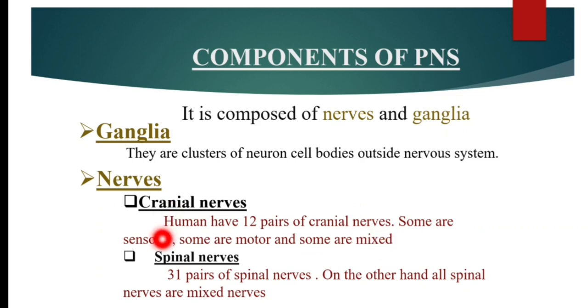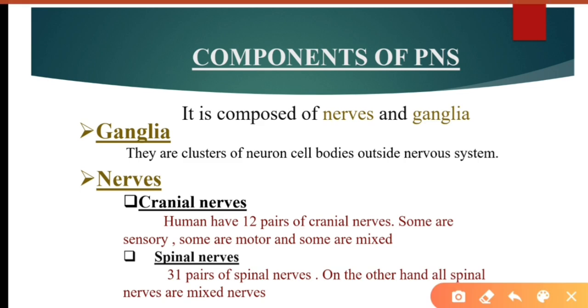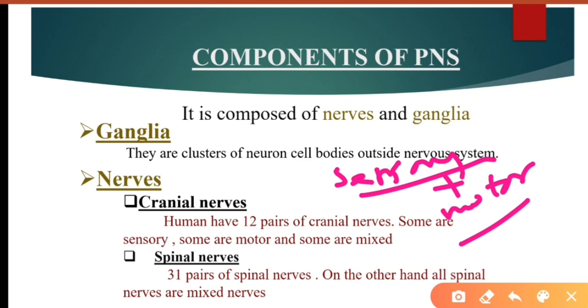Mixed nerve means they contain the axons of both sensory and motor neurons. And spinal nerves all are mixed.